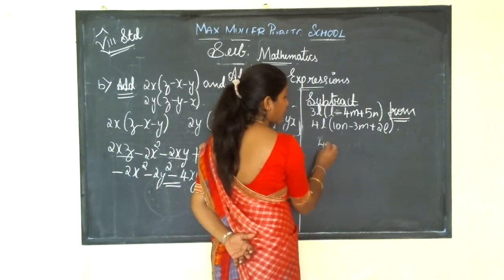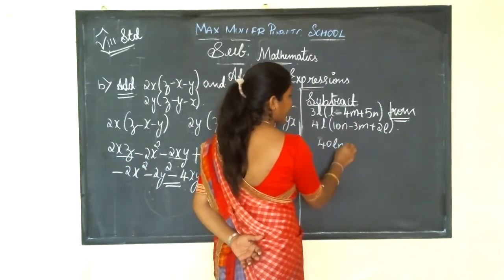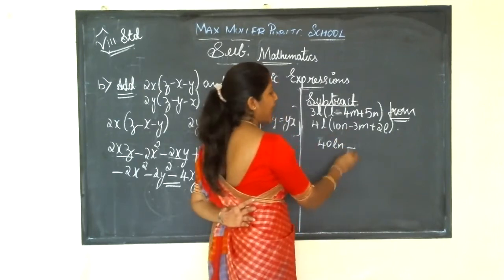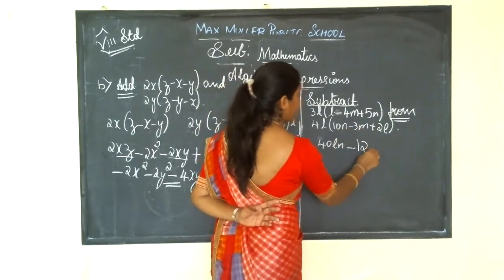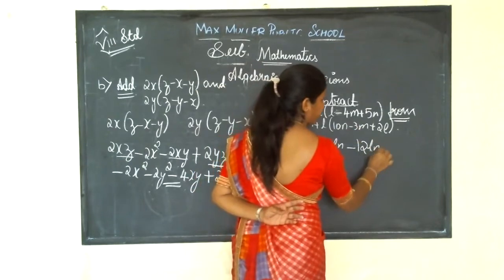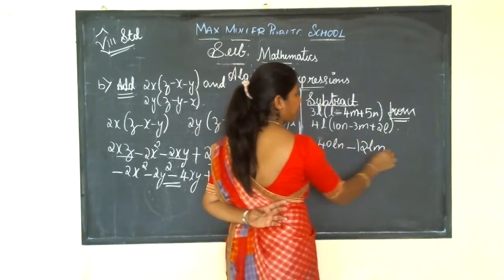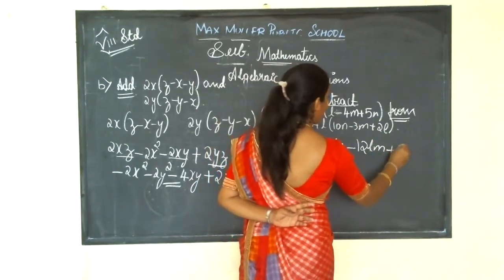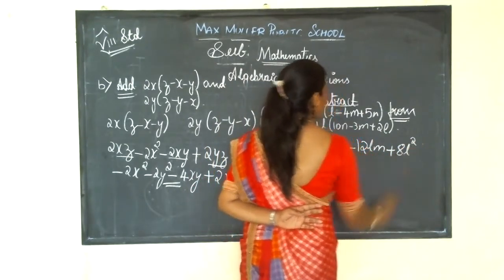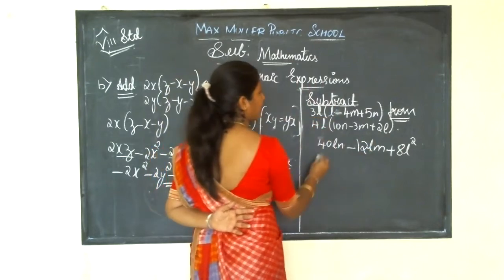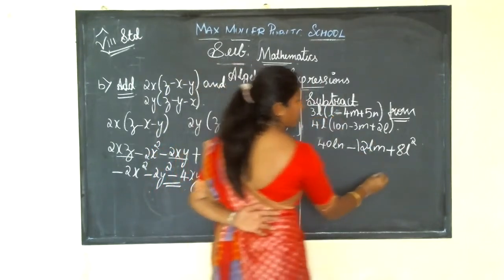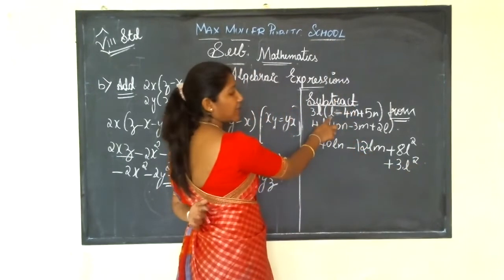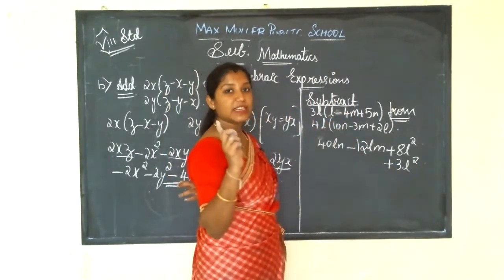That is 4 tens are 40 ln, is it not? You are multiplying each term with 4l here. And 4 threes are 12 lm and plus into plus it is plus, and then 2 fours are 8 l square. Now again this term 3l square, right under 3l square, plus into plus plus 3, no term is there, it is considered as 1.